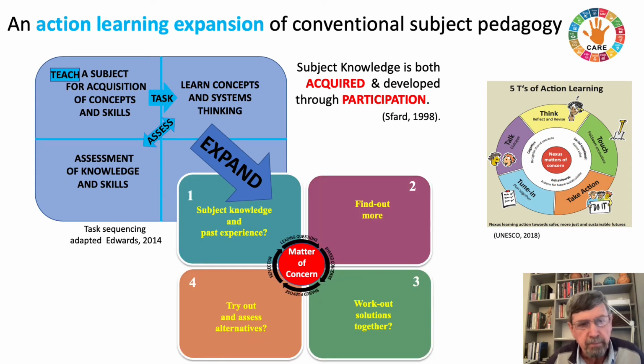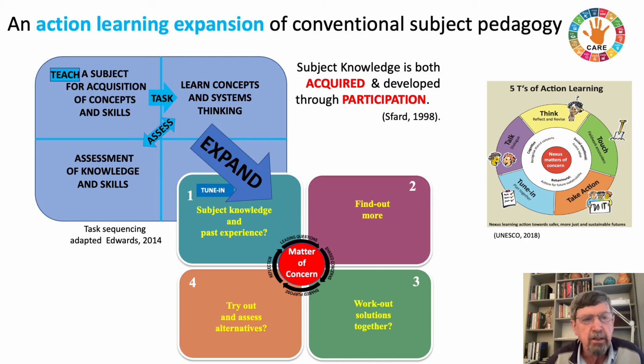And here she provides the 4 quadrants, the same good subject teaching, but building in more past experience of the learners with Indigenous knowledge. Finding out more, working out solutions together, building agency and action, and trying out and assessing alternatives so that the work and learning is more relevant.